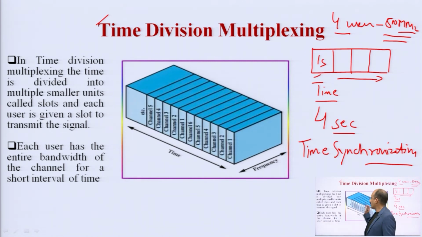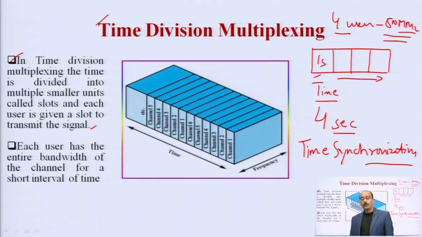You have to monitor the time slot of the frame and the slots of the various users. If time synchronization breaks, it means the data will be lost. So, what is going to happen in time division multiplexing? The time is divided into multiple smaller units called slots, and each user is given a slot to transmit the signal.